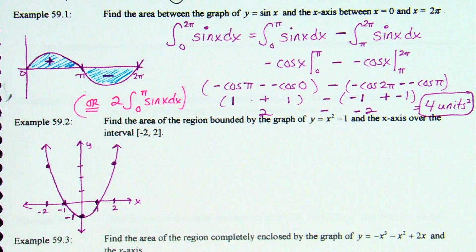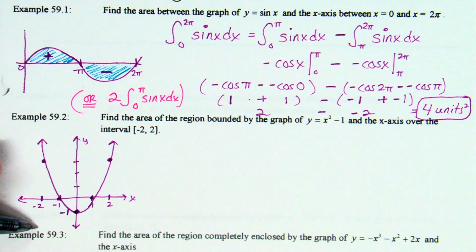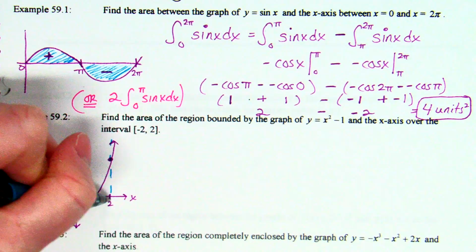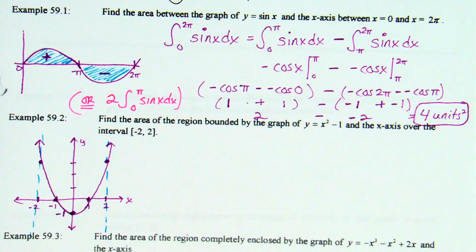Okay. What is the interval I want this area? -2 to 2. So I want to know the area of the region bounded by the graph and the x-axis. So I want to know the area that falls in between the graph and the x-axis.